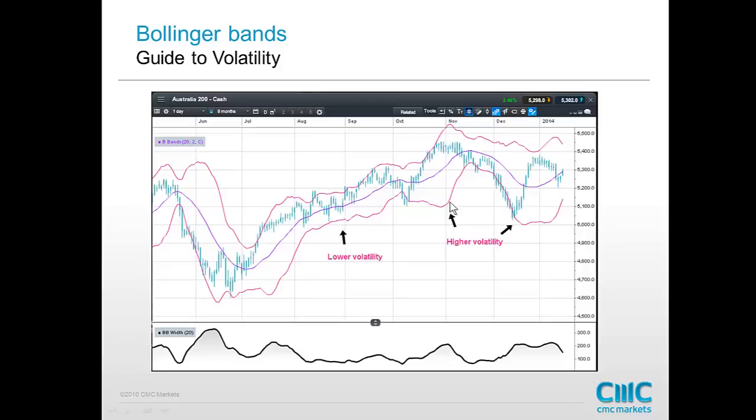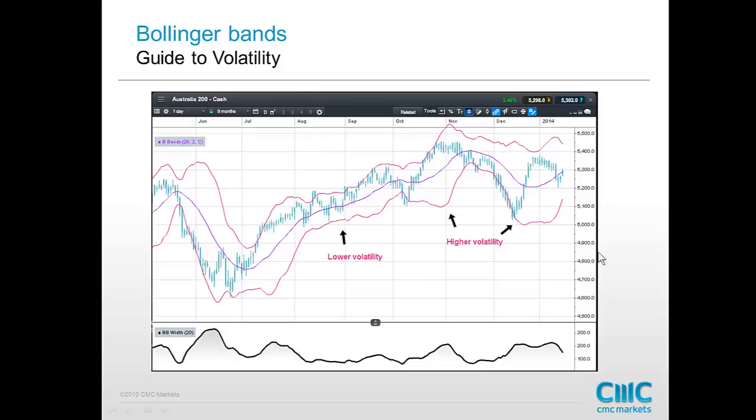And we can see this in these periods here. We've seen a strong move persisting, the moves are getting bigger, volatility is increasing, and the Bollinger Bands are widening here and here. On the other hand, where a price is trading fairly regularly with smaller trading ranges and smaller close-to-close changes, we're in a period of lower volatility and the Bollinger Bands will move together.